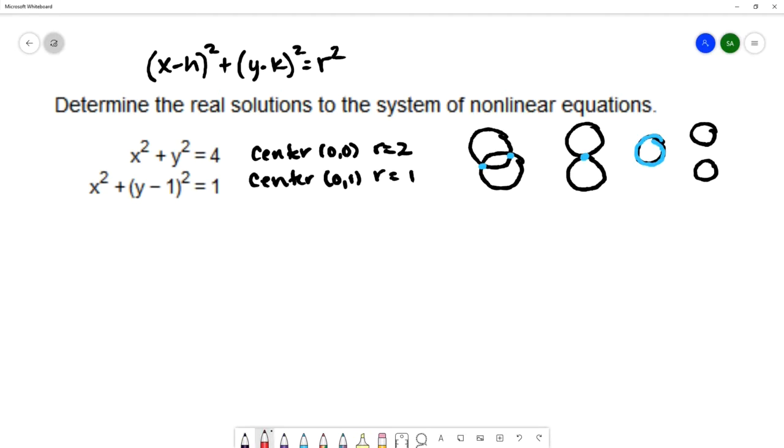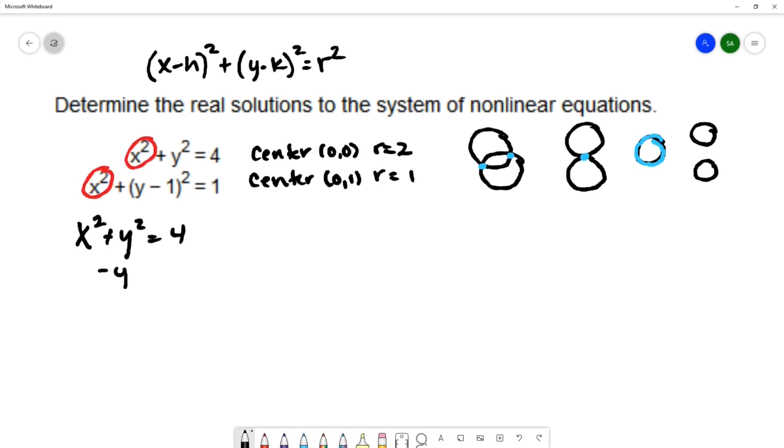I can see that I could solve for x squared and substitute into the other x squared. And with the elimination method, I also can see that I could eliminate that x squared. So either method would be a good one. Let's try it with substitution. I'm going to take that first equation and solve for x squared.